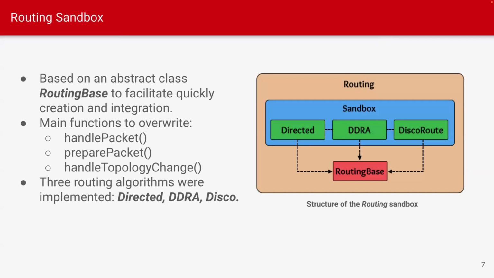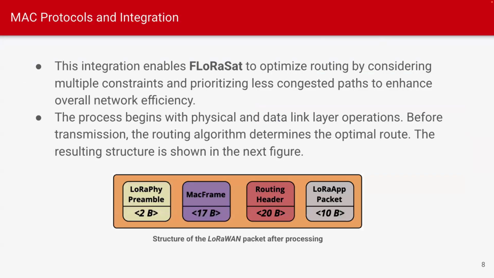All this work was already published in a previous paper, but after that we worked on some more features. Additionally, for this presentation we were able to integrate the MAC protocol functionalities with the routing module that we described before.